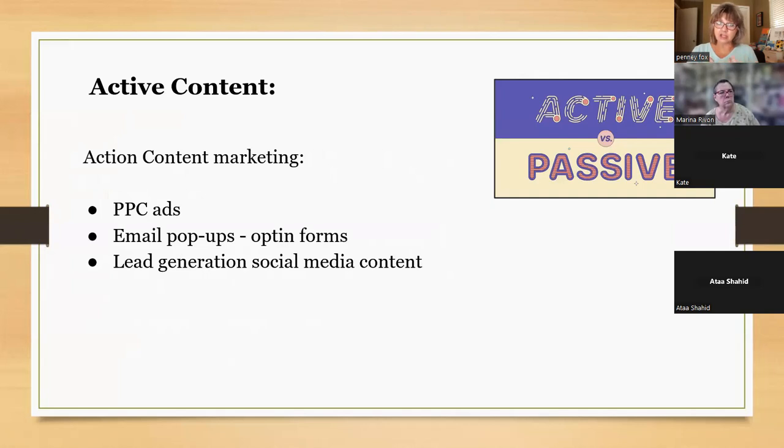So when we talk about action content, we talk about pay-per-click ads, Google ads, Facebook ads, Instagram ads, all of those kinds of ads. An email pop-up with an opt-in form is another form of active content, because it requires me to take action to fill out that opt-in form. Any type of lead generation that you're going to create on social media contact is another type of action.